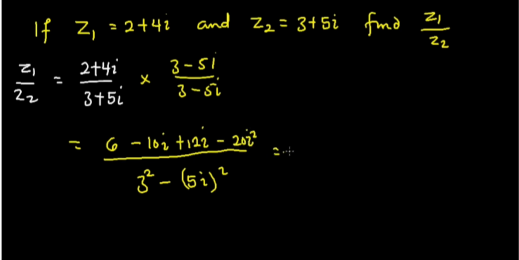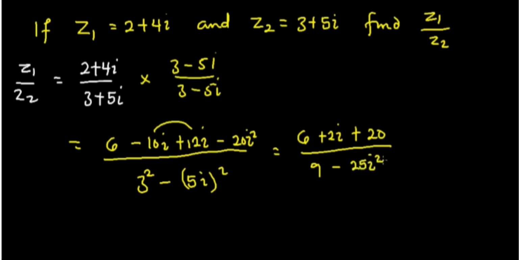So in that case, this will give me 6, right, plus 2i, because minus 10 and 12. Then don't forget that i squared is minus 1, so minus 1 times minus 20, I will still have plus what? Plus 20 over 3 squared is 9 minus 25i squared.